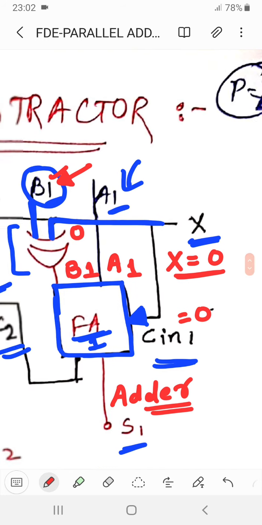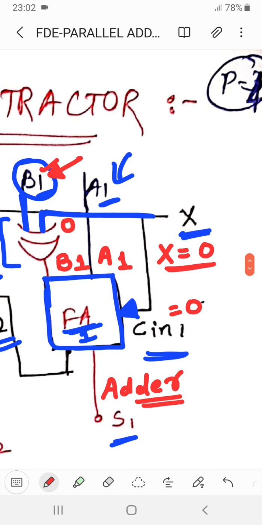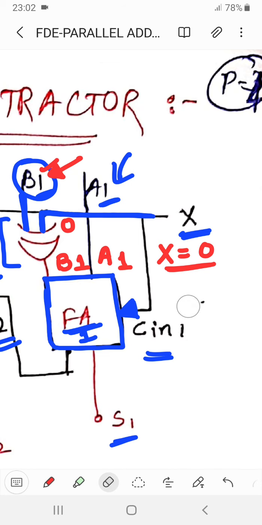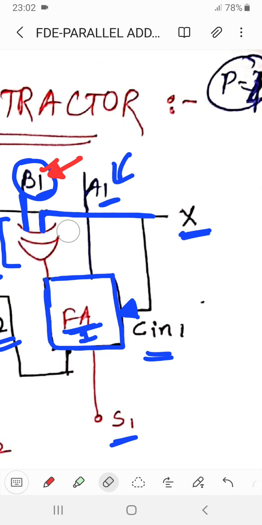Now let me check the second condition. For this second condition, let me rough all the remaining things.